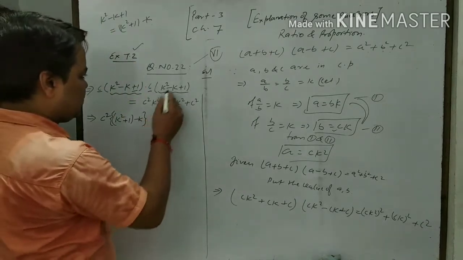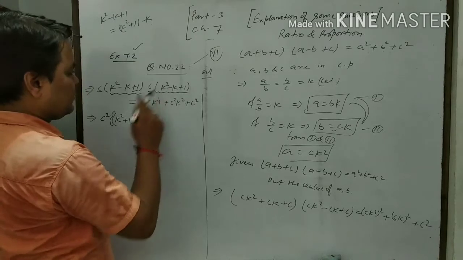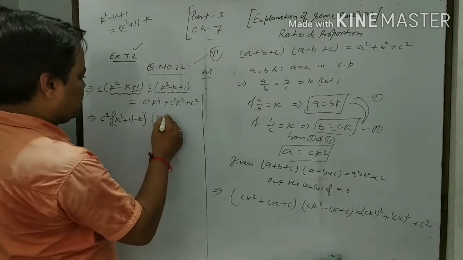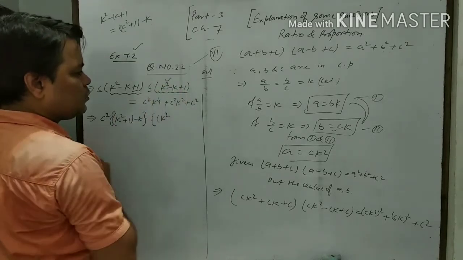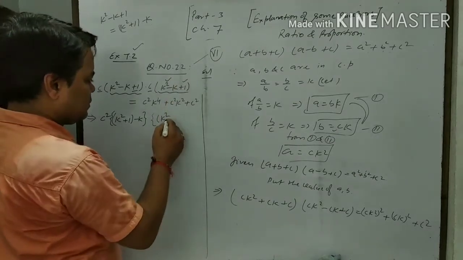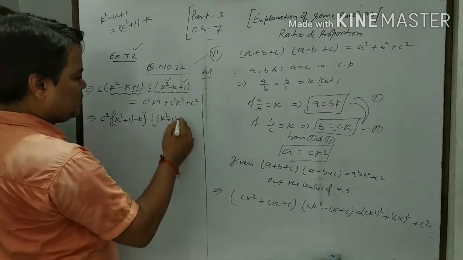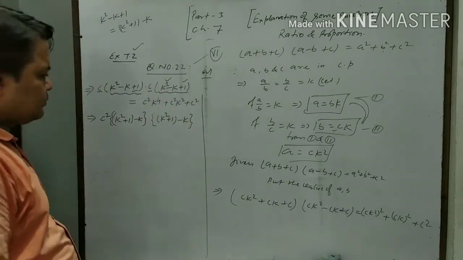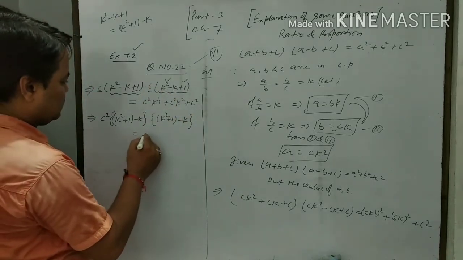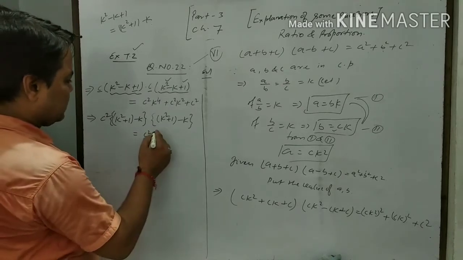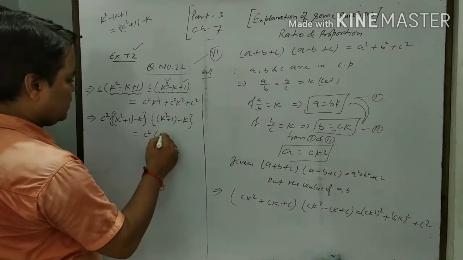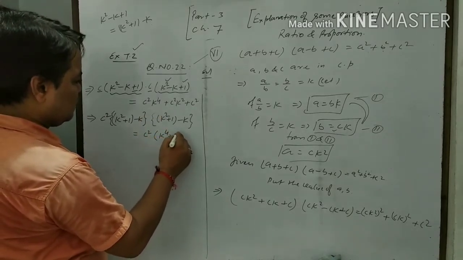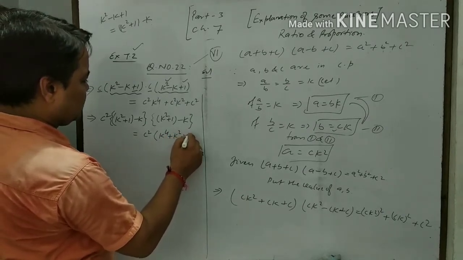And now what is left? Again we can write here K square, then plus 1, then here minus K, equal to C square, take common, then what will be K raised to the power 4 plus K square plus 1.